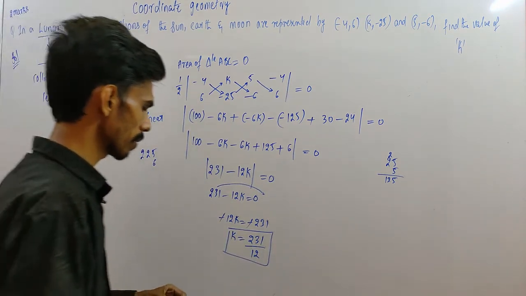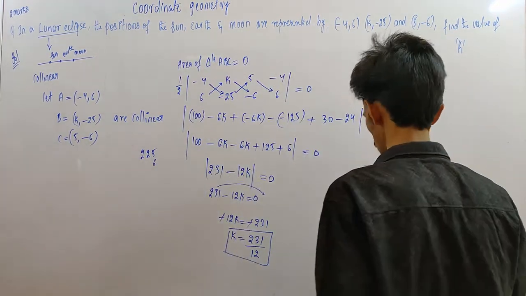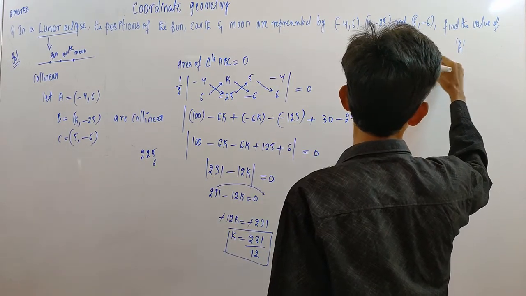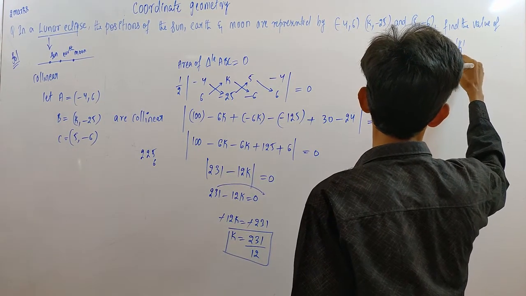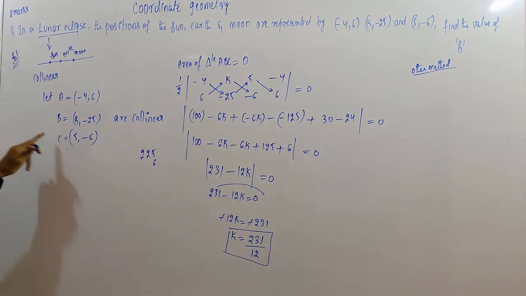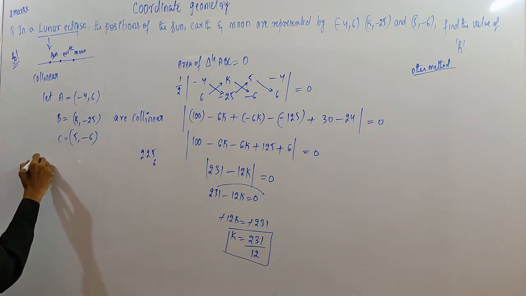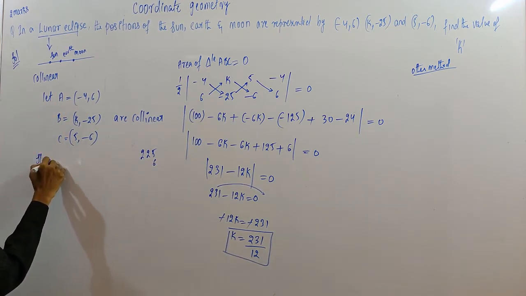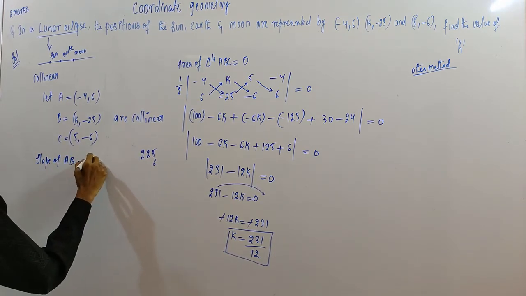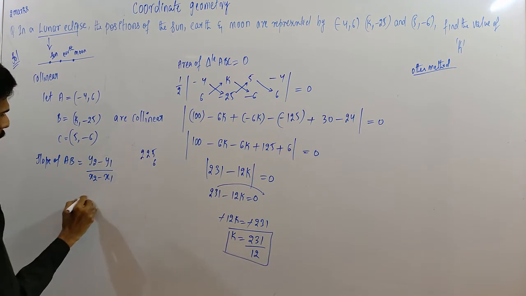We can solve this question by another method, using the slope concept. Let us solve this by the other method. We have 3 points A, B, C. Let us take the slope of these 2 points, slope of AB. Slope is y2 minus y1 divided by x2 minus x1.